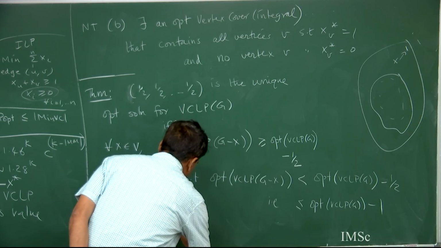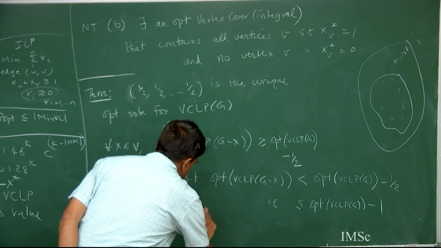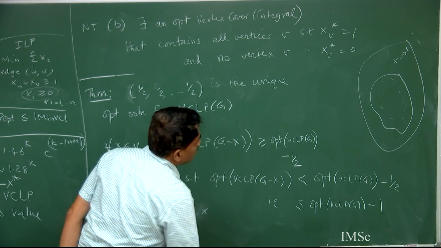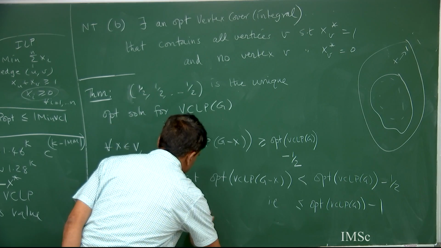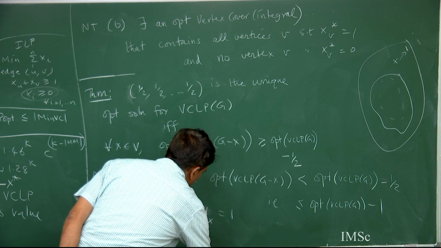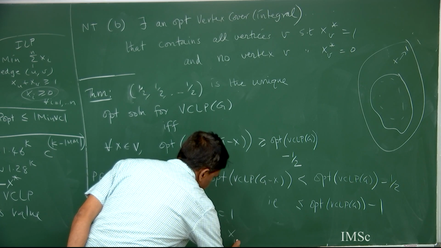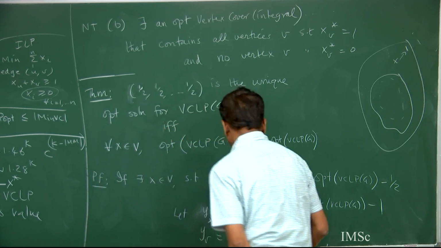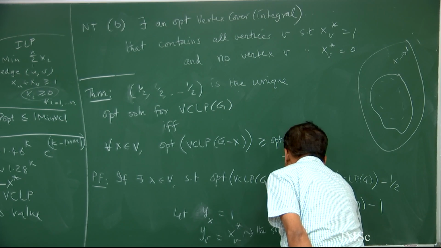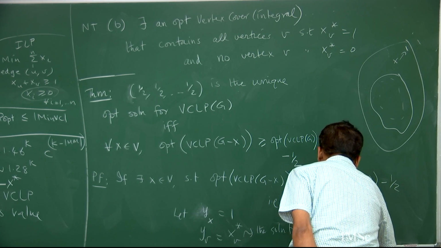Now let x v prime equal to, so let me just give, okay, so y x is equal to 1 and y v equal to whatever, the solution for BCLP(G minus X).